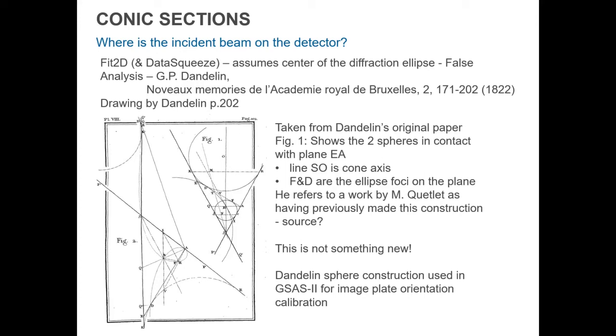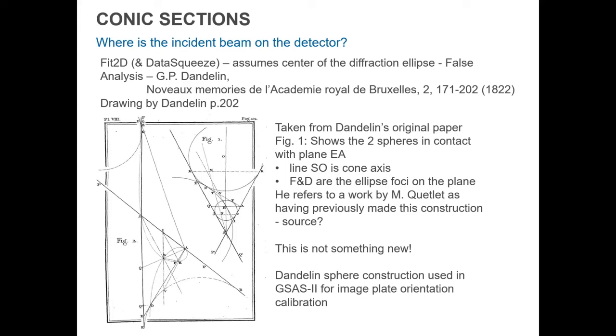And this has been handled by a number of other programs incorrectly. In particular, Fit2D, which has been a very commonly used piece of software for processing images, makes the assumption that the beam is at the center of the ellipse that you get.